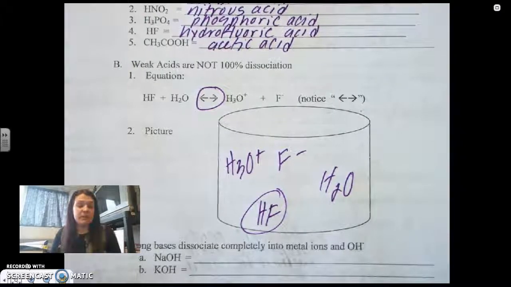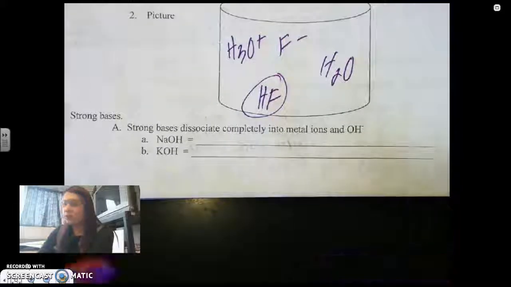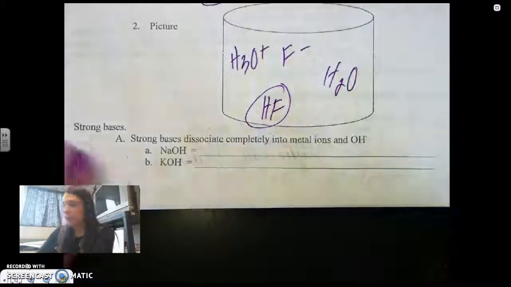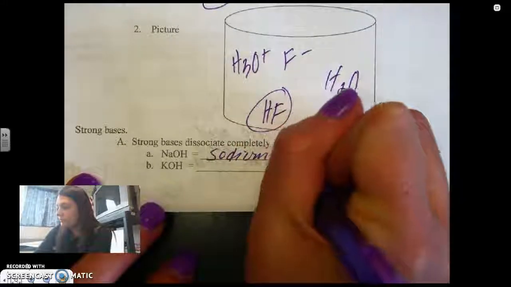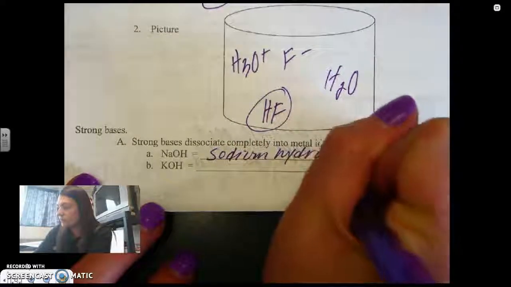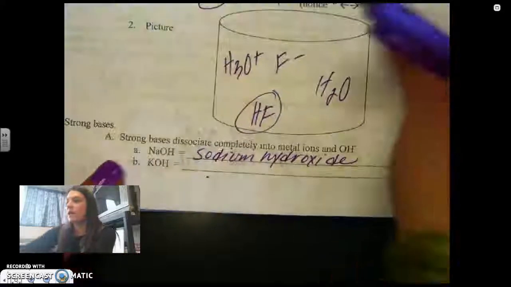The same thing holds true for the difference between a strong base and a weak base: it's the dissociation. Some strong bases we deal with are sodium hydroxide and potassium hydroxide.